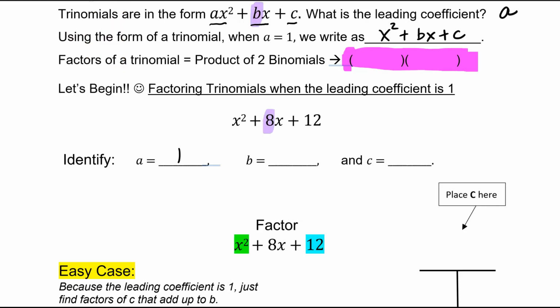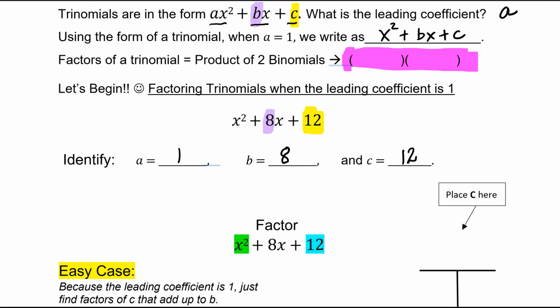So b here is 8. And what about c? C is 12 in this case. So first I wanted you to identify what were the numbers for A, B, and C.